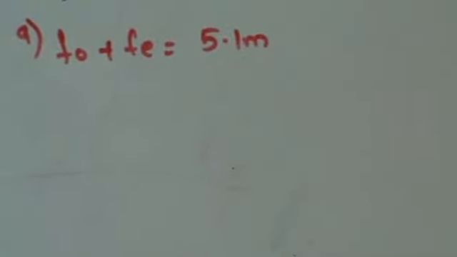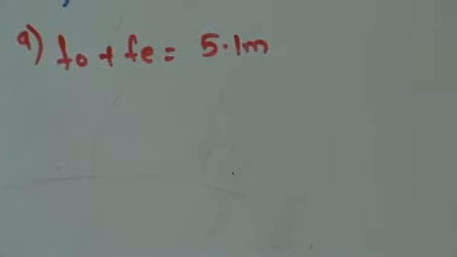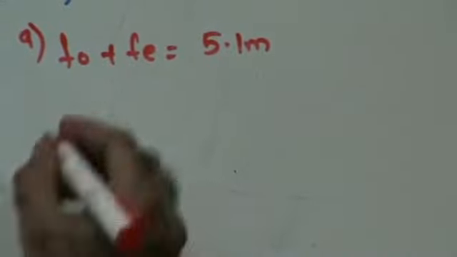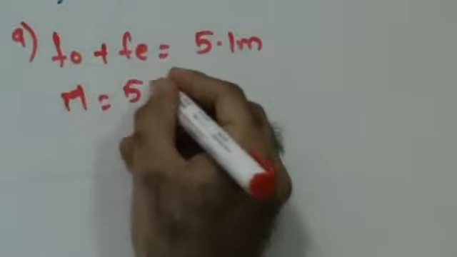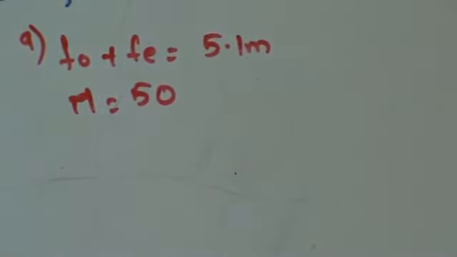If the magnification produced is 50, find the focal length of the objective and the eyepiece.